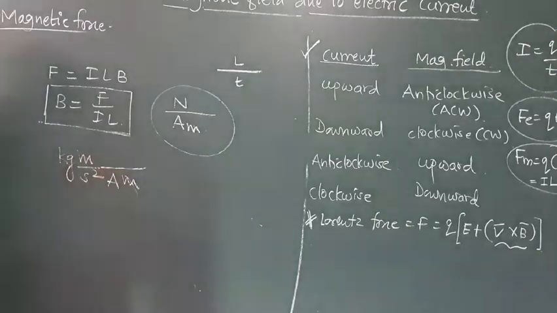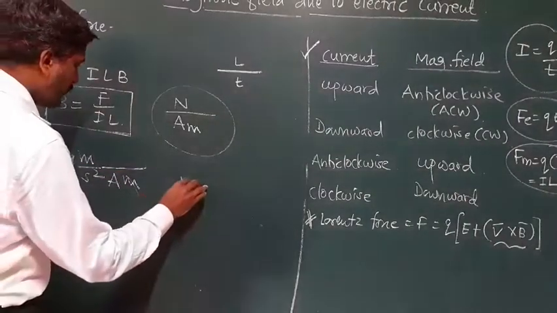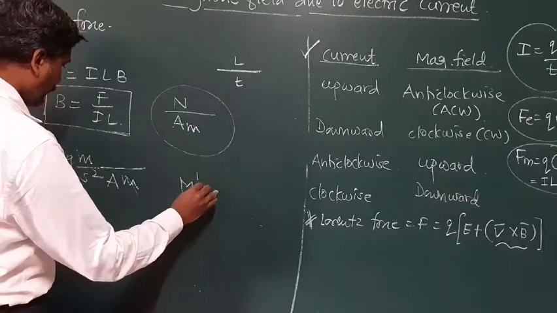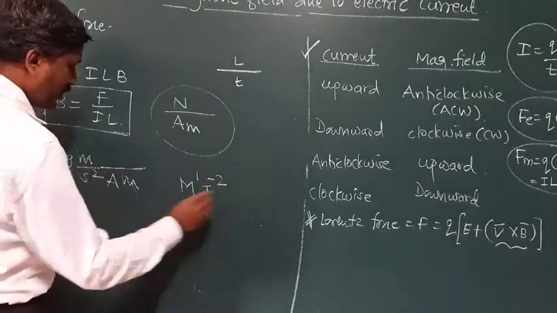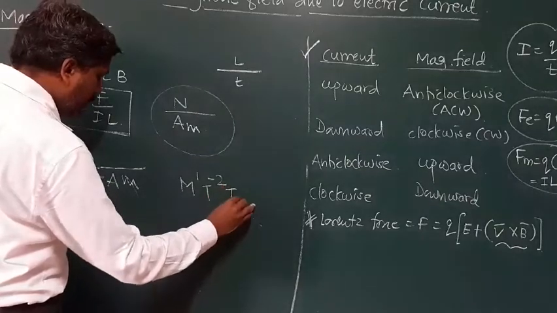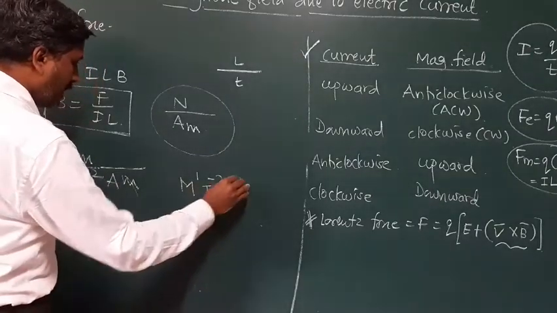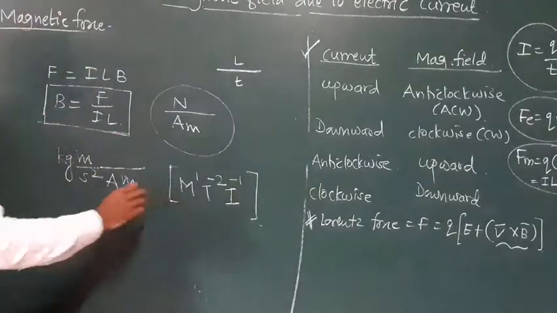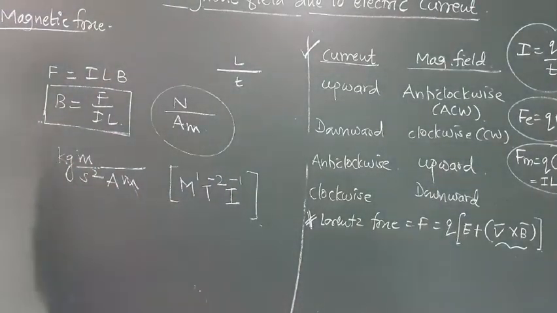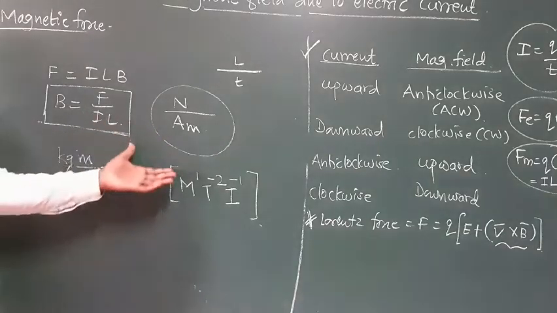So meter gets cancelled and we get the dimensions: M raised to 1, L raised to 0, T raised to minus 2, current raised to minus 1. These are the dimensions of the magnetic field: M raised to 1, T raised to minus 2, and I raised to minus 1.